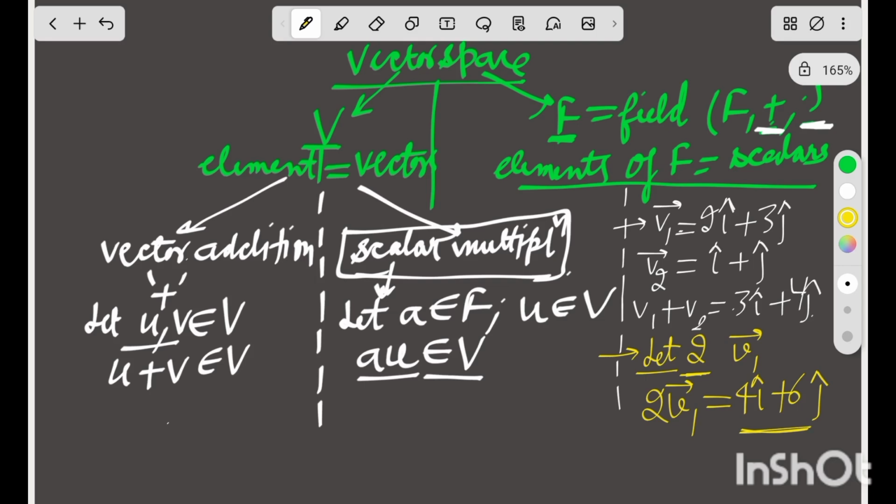That is, if we multiply a scalar with a vector, the resultant is a vector. And usually we do not give any notation to the multiplication of a scalar with a vector, as it is obvious that we have to multiply both of them. In a similar way, we do not give any notation to the scalar multiplication binary operation.